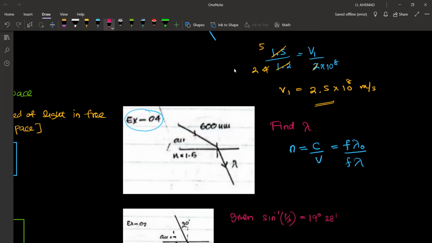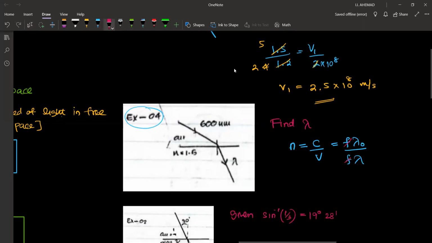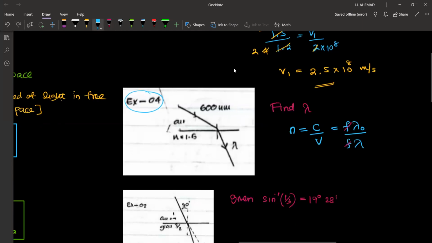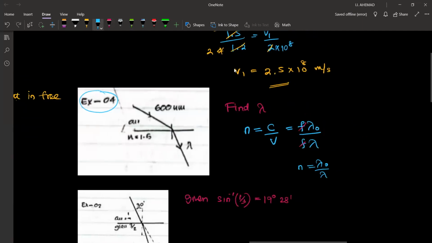The frequency will remain the same. Therefore, we get N is equal to lambda naught over lambda. So we know N is 1.5, or 3 by 2, which is equal to 600 nanometer over lambda. When you simplify, we get lambda is equal to 400 nanometer.